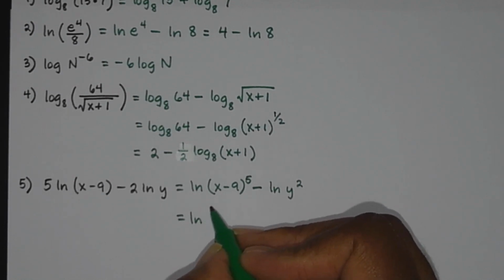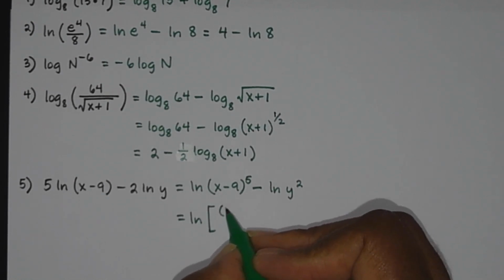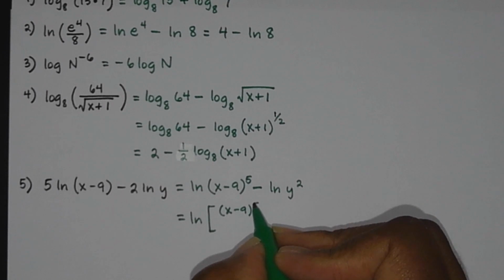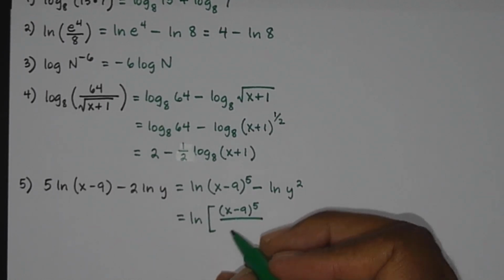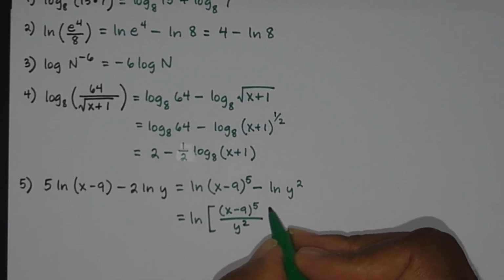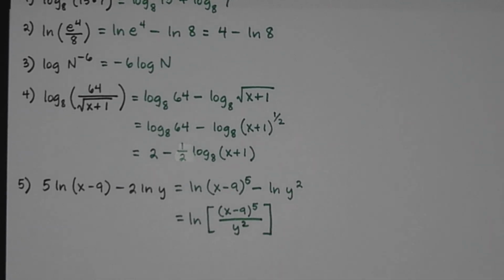So it'll be ln of, here I'm going to use brackets, x minus 9, that quantity is to the 5th, divided by y squared. Okay. Are there any questions about problem number 5?